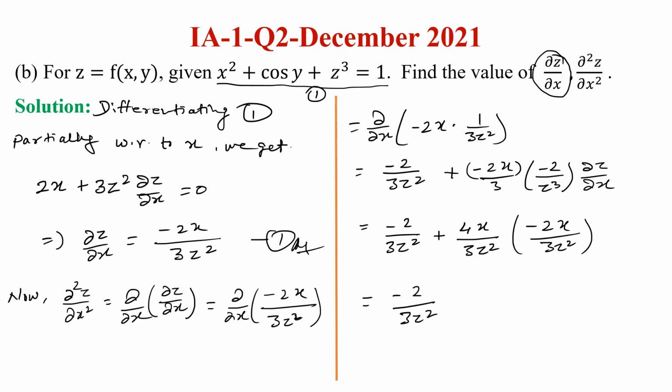Yes, it should be minus now. So it is 8x square upon 3 times 3, that is 9, z to the power 5. So this is your required answer. You can match it with the solution you got.